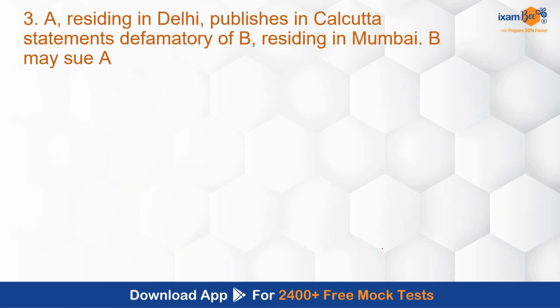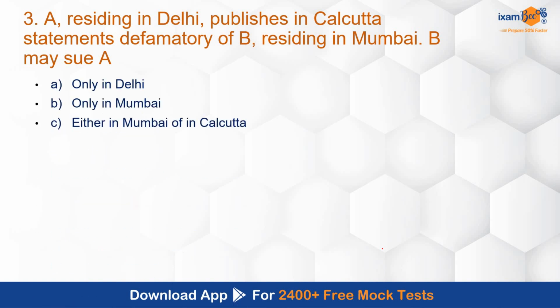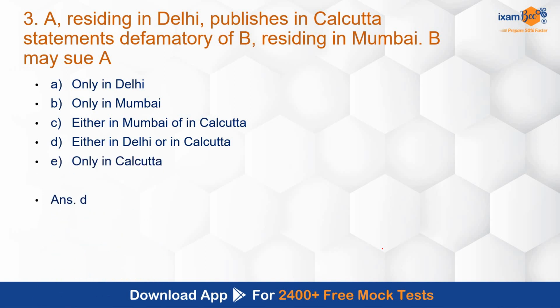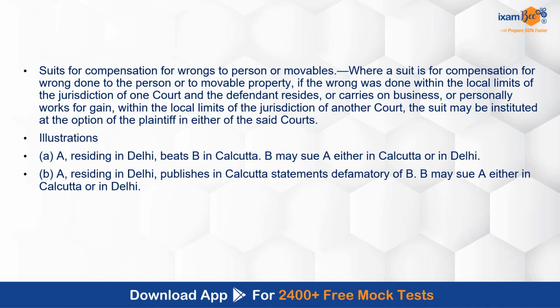Question number 3. A residing in Delhi publishes in Calcutta statements defamatory of B residing in Mumbai. B may sue A only in Delhi, only in Mumbai, either in Mumbai or in Calcutta, either in Delhi or in Calcutta, only in Calcutta. The correct answer here is D, either in Delhi or in Calcutta. This is given under section number 19 of CPC.